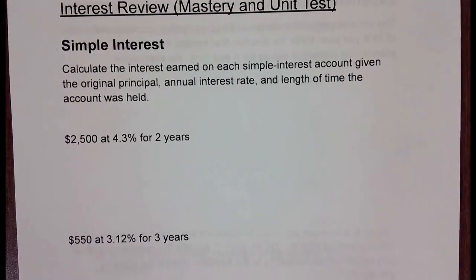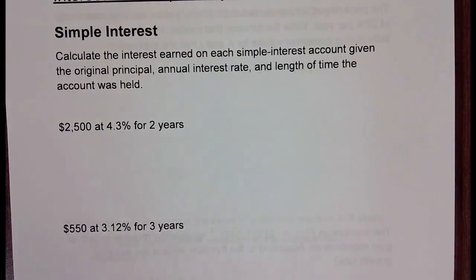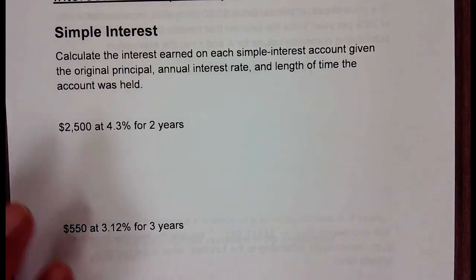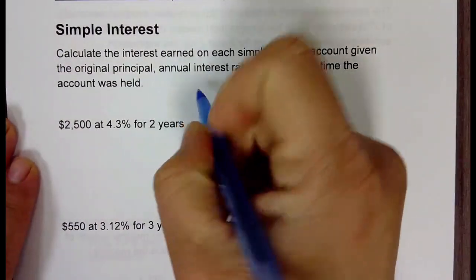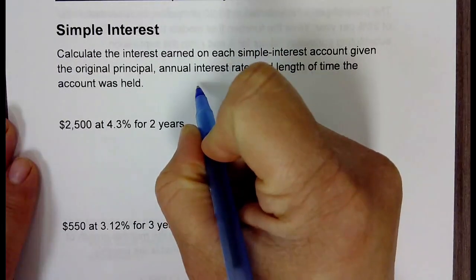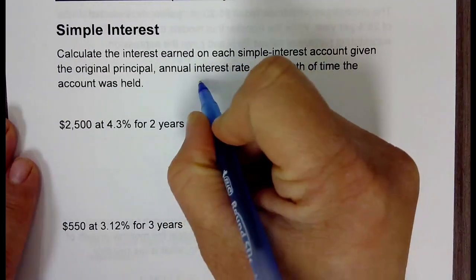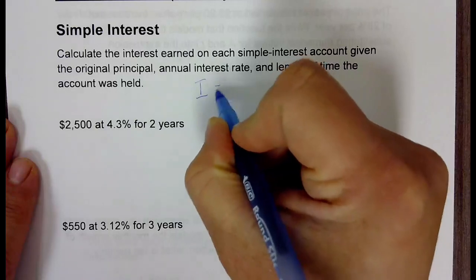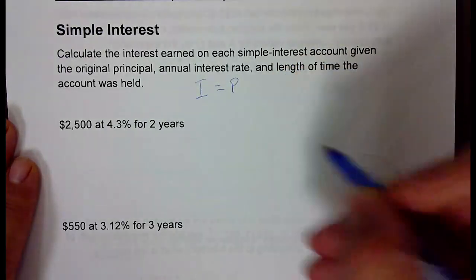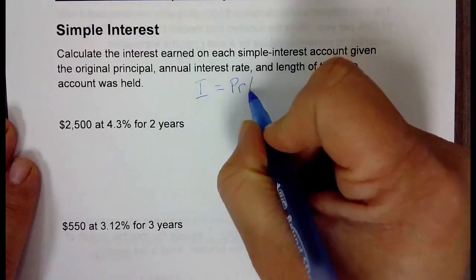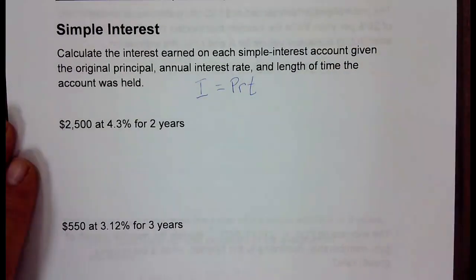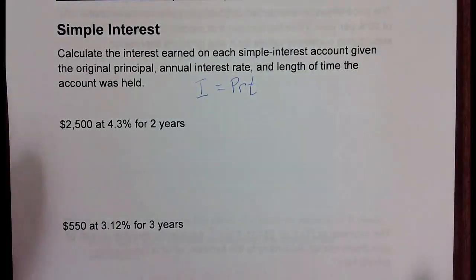So let's look at this a little bit more. At the top of my page here, I'm going to write down my simple interest formula, that equation that tells me how to calculate simple interest. I have interest equals principal times the annual interest rate times the amount of time the account was held.